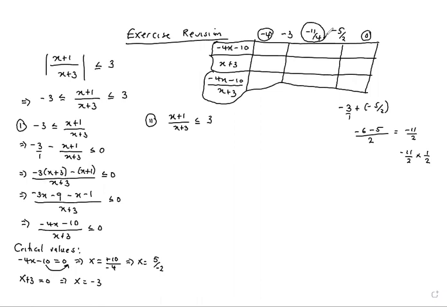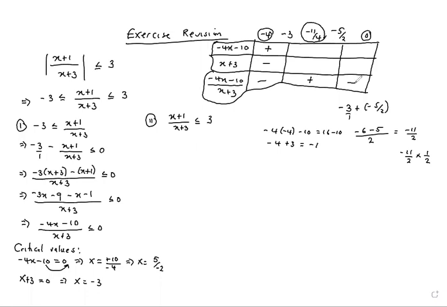Then now you test. So you take in -4: -4 minus 10, this is 16 minus 10, positive. Then -4 plus 3 is -1, negative. So positive divided by negative will get negative, meaning that there will be a positive here and a negative there.